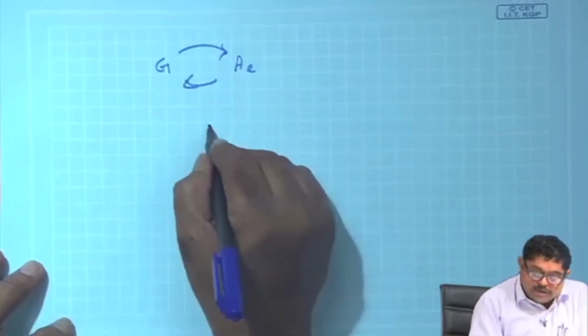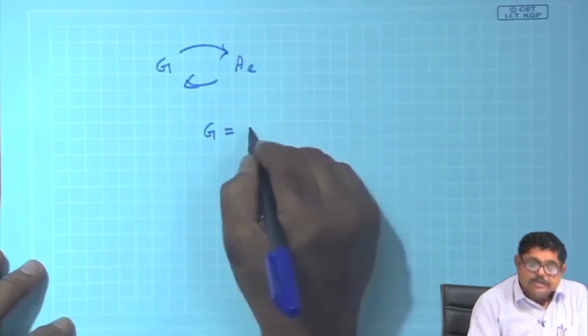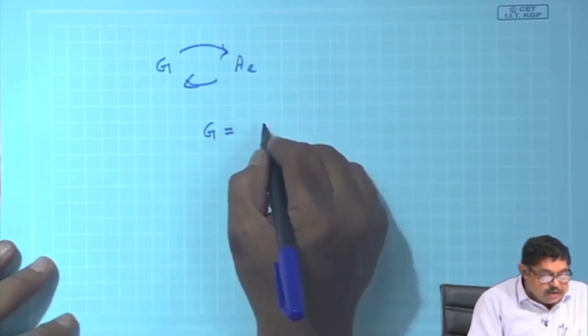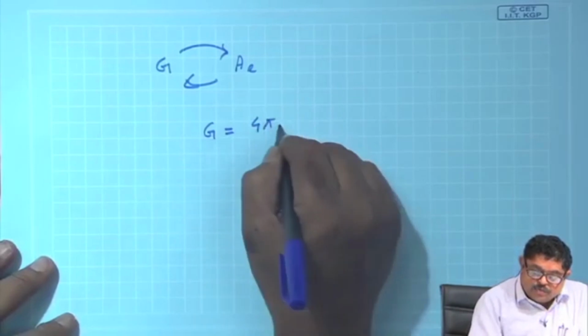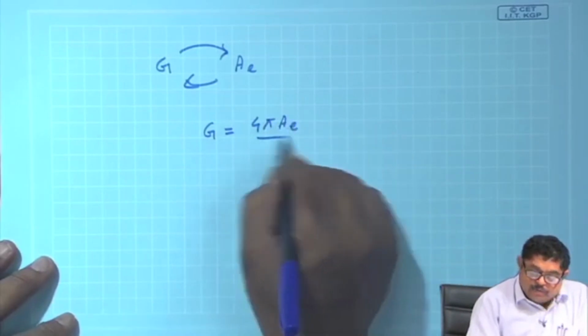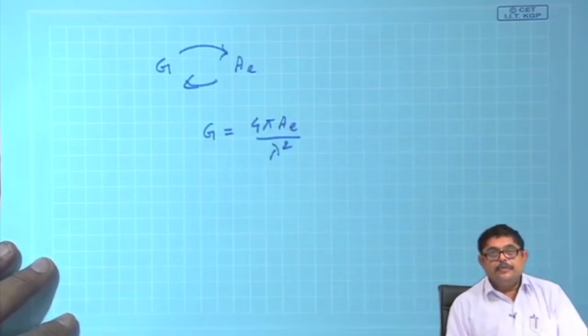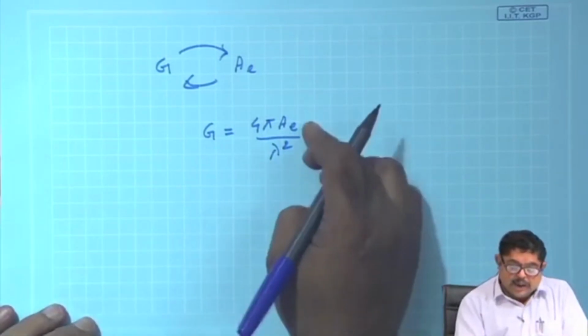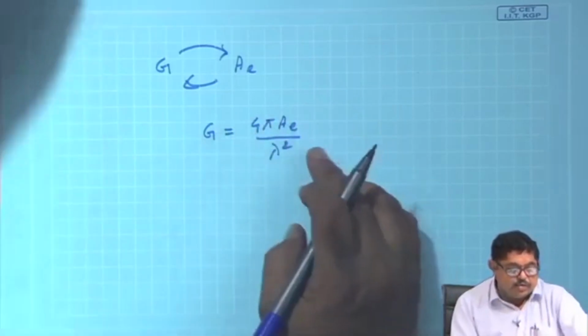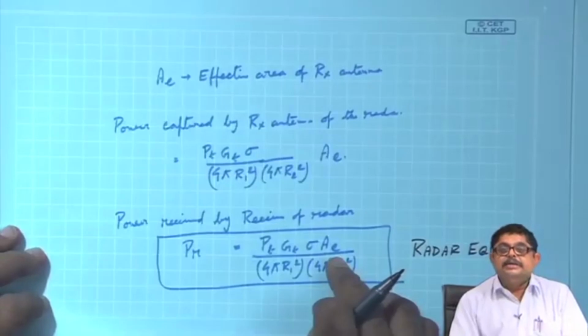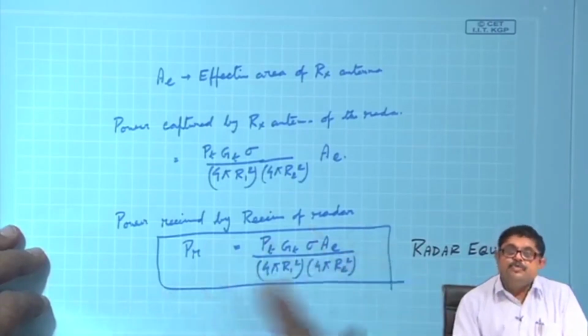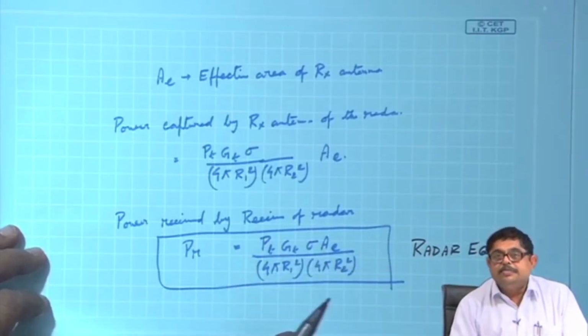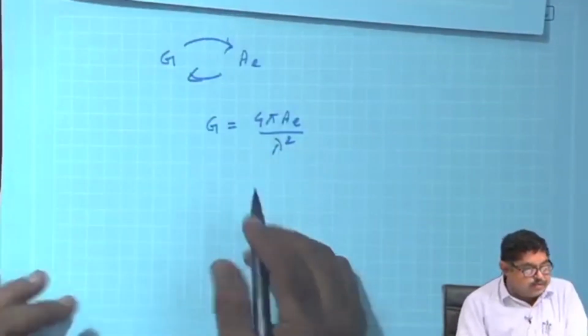I think in antenna classes you have seen that relation: G is equal to 4 pi AE by lambda square, where lambda is the electromagnetic wave's wavelength and AE is the effective area. So, we can express the receiving antenna's AE in terms of its own transmitting gain GR.